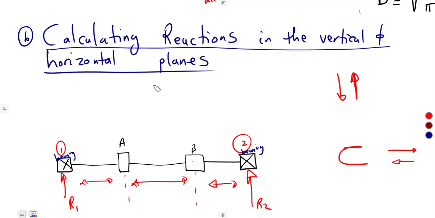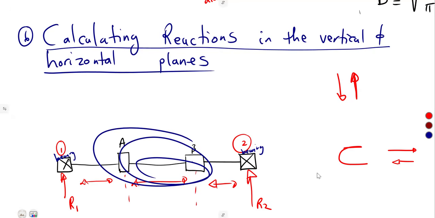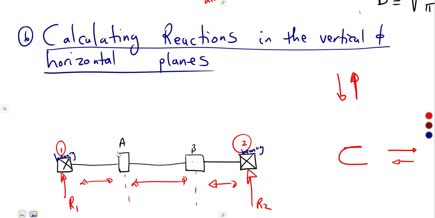That is why we are talking about vertical and horizontal. So if they say vertical planes, you must consider maybe A and B both are vertical, or one of these is vertically given. All right. So if it is given like this, going down, or maybe it is going up, this is the vertical.